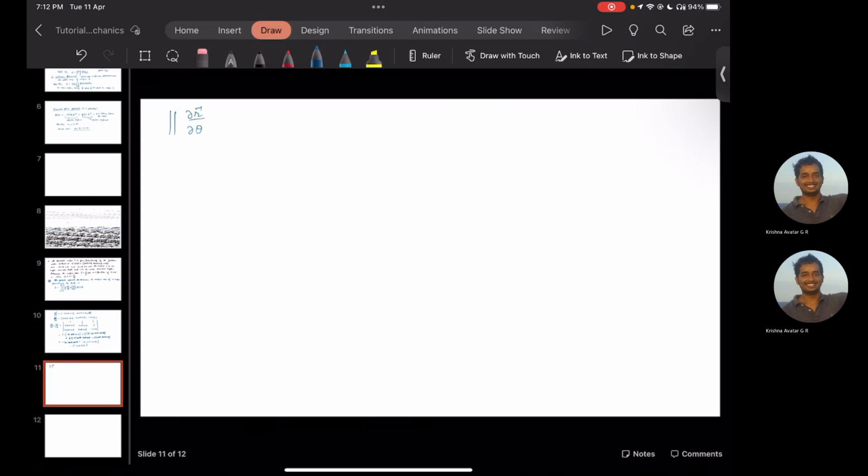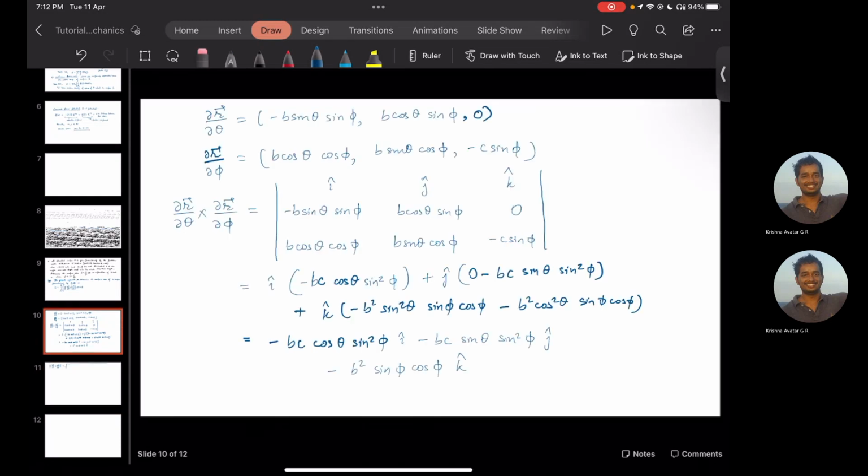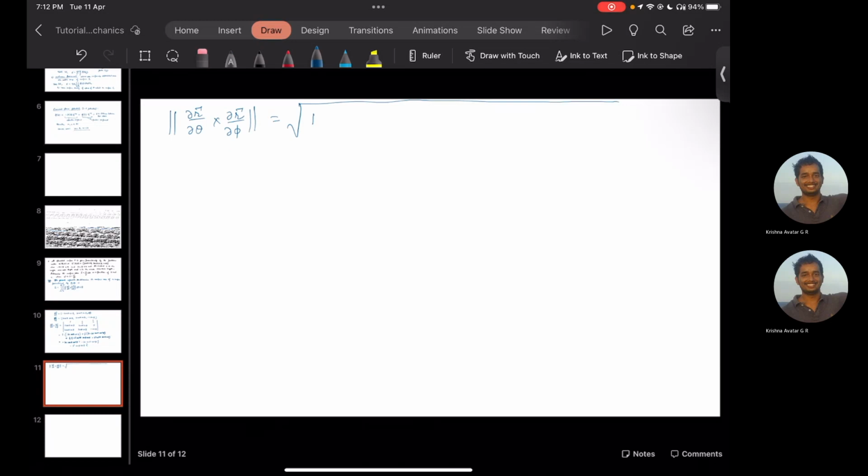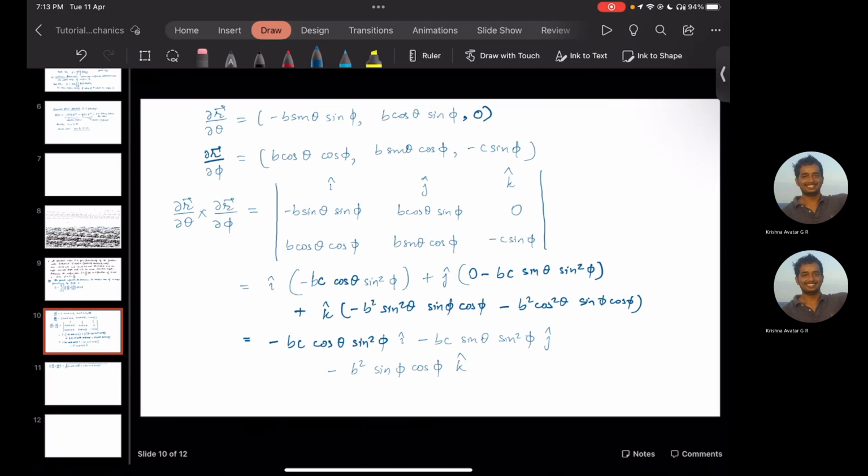Partial r vector by partial theta cross partial r vector by partial phi. The norm is the square root of: the first term is bc cos theta sine square phi, minus bc squared, then minus bc sine theta and the sine square phi whole squared.